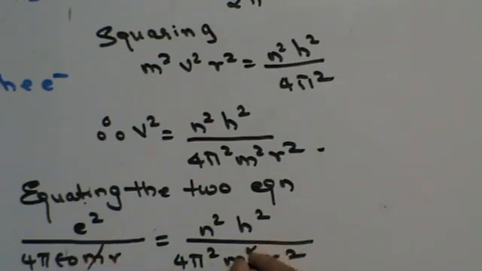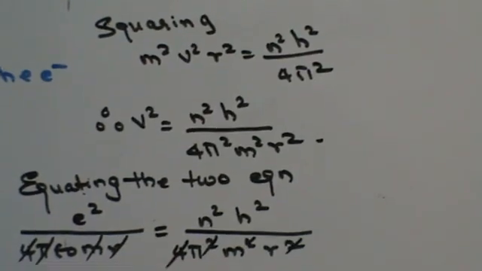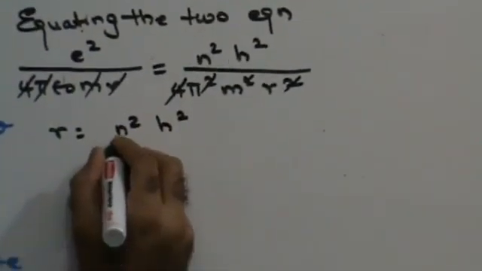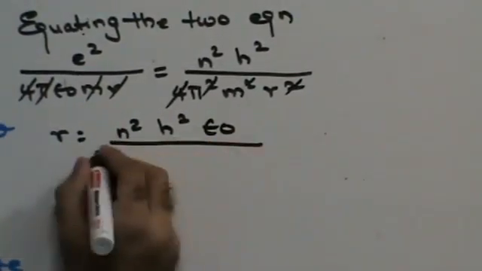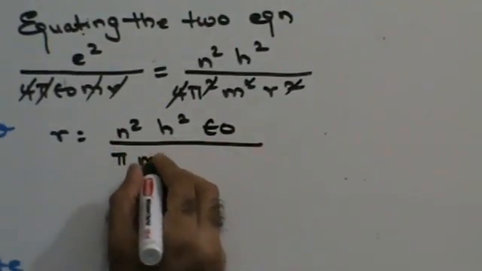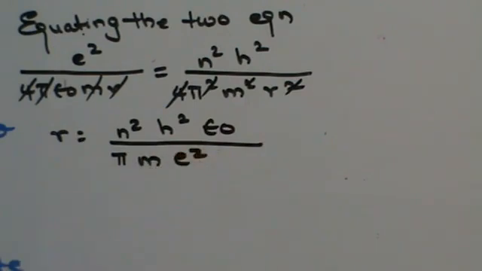So m gets cancelled, r gets cancelled, 4 and 4 get cancelled, pi gets cancelled. So that leaves me with r is equal to n square h square epsilon 0 upon pi m e square, right? That is going to be my radius of the Bohr's orbit.